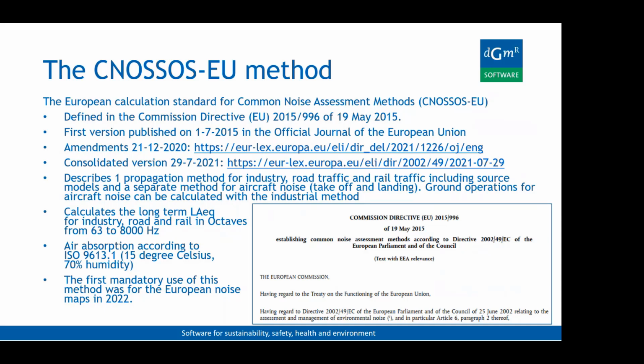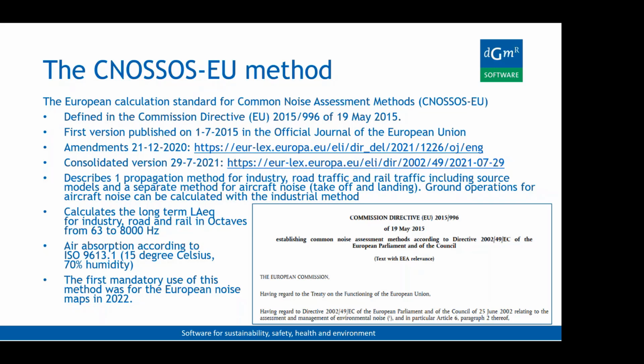So looking at the CNOSSOS EU method, that's of course the European calculation standard for common noise assessment methods, defined in 2015 in the Commission directive. The first publication of the method was also in 2015. There were amendments on the method in 2020.